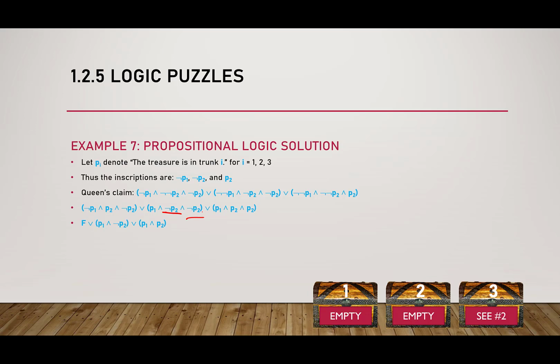If I say that P is true, I could also say P and P and P and P and P are true. But it's the same thing as just P, right? And then the same thing's happening with the last formula here. We got P2 in there twice. So we've removed the duplicates, we've evaluated the one that's clearly false, and we're left with this. Okay, now what? Well, let's see if we can go any further, okay?